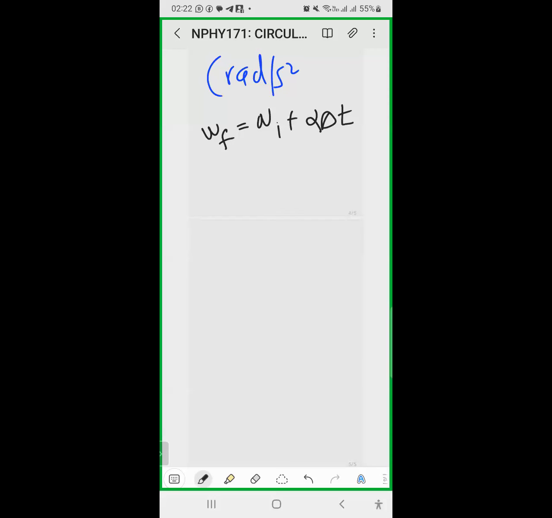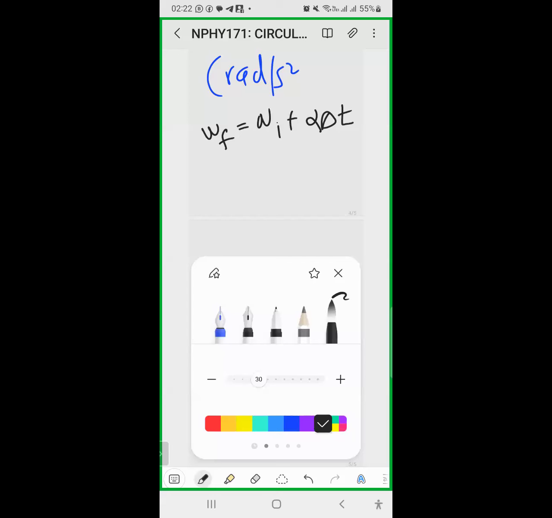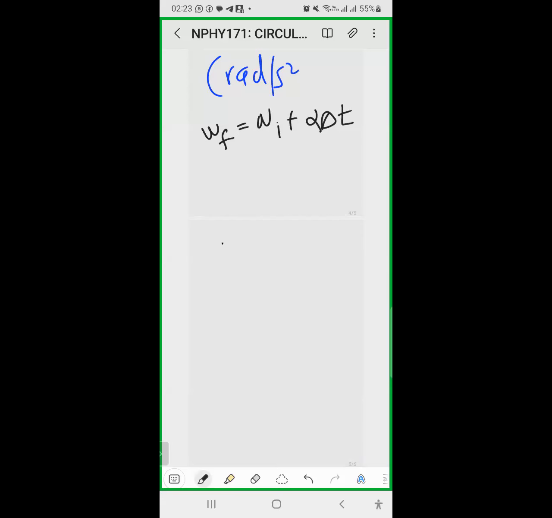Mathematically, this centripetal force is given by m v_t squared over r. So how did we go about having this equation? We want to apply Newton's second law in circular motion.